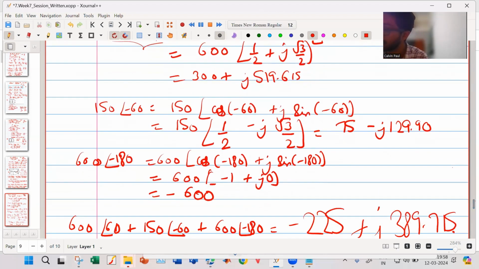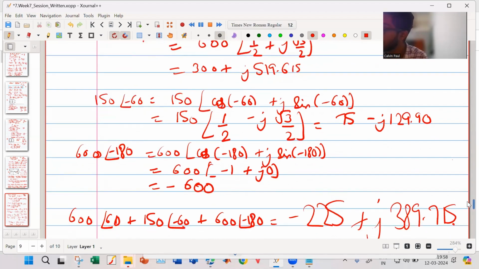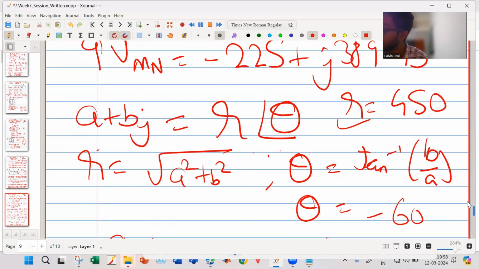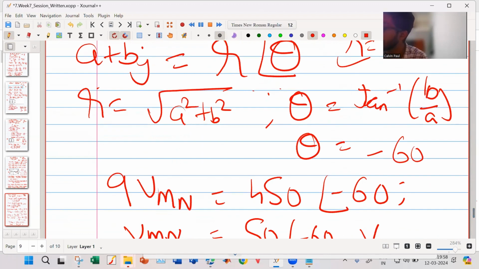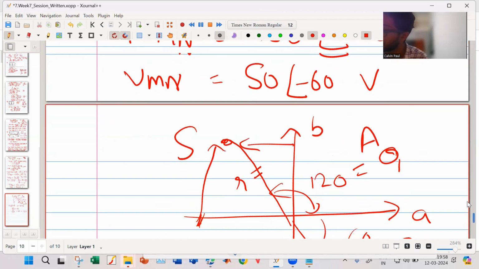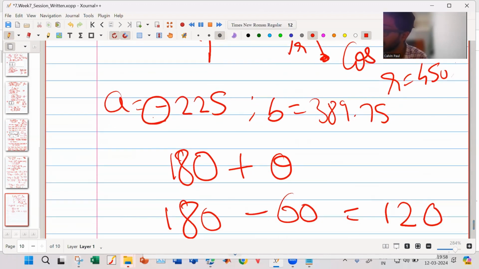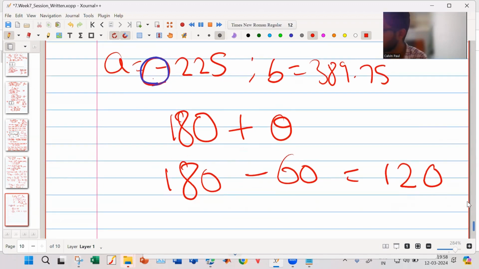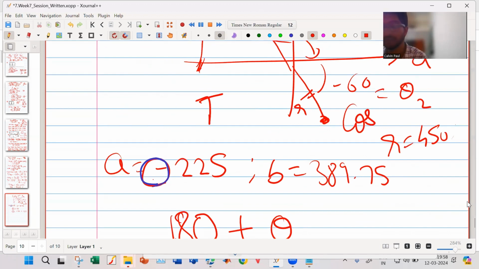We used those, verified, and got the answer. Also, in case your A is negative, I told you what you must do: just add 180 plus theta, and then you get the correct answer.